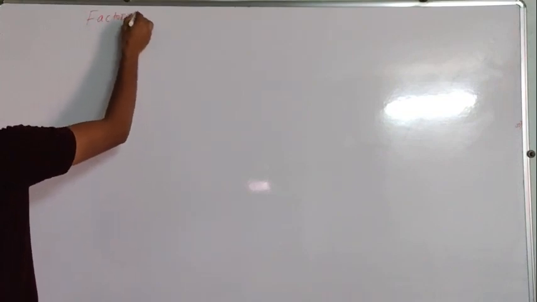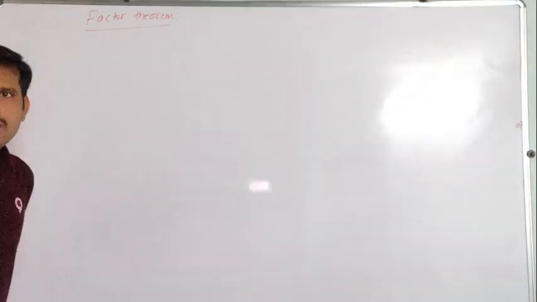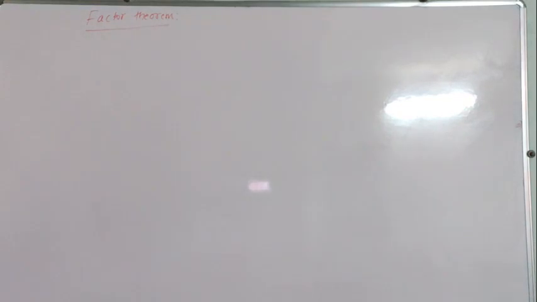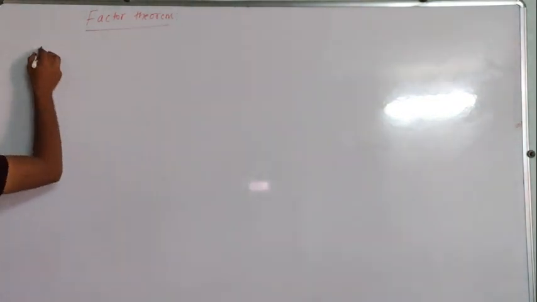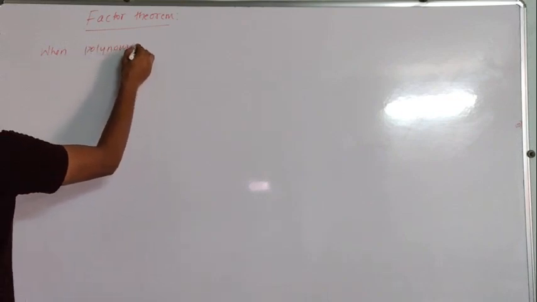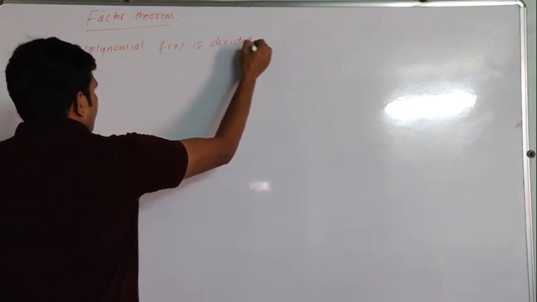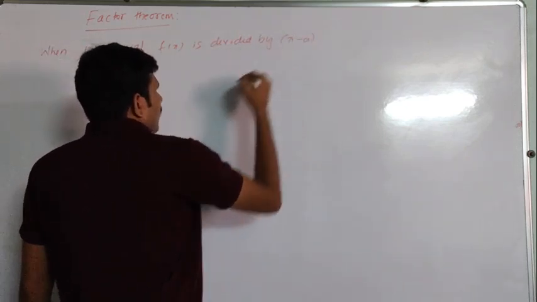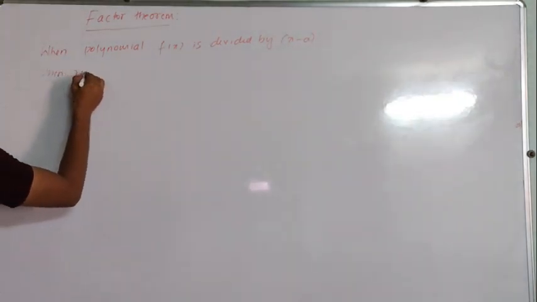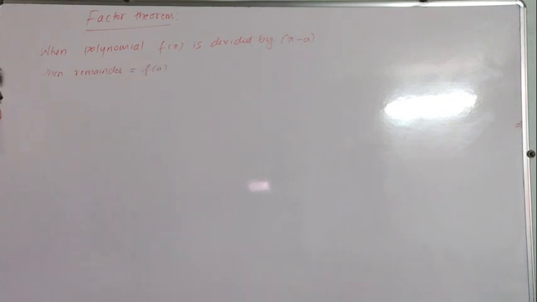We have the factor theorem. Already we have solved problems on the remainder theorem. The next one is the factor theorem. What is the factor theorem? When a polynomial f of x is divided by x minus a, then the remainder is equal to f of a.